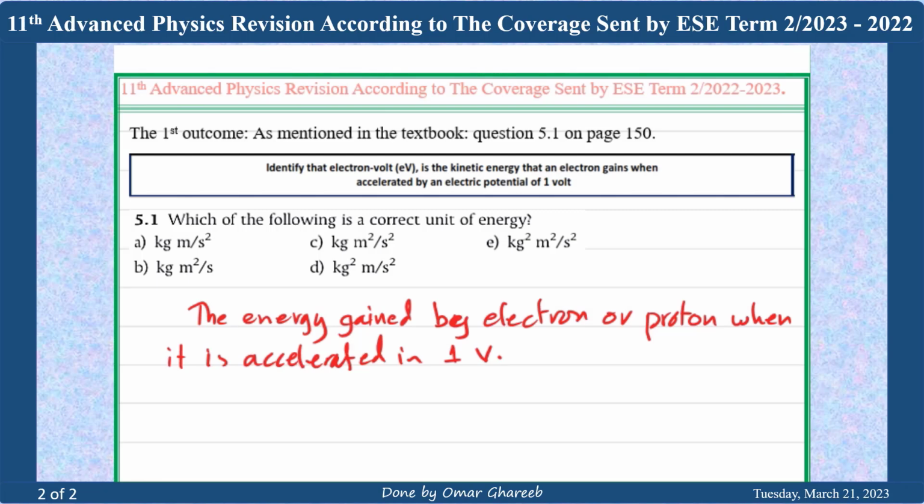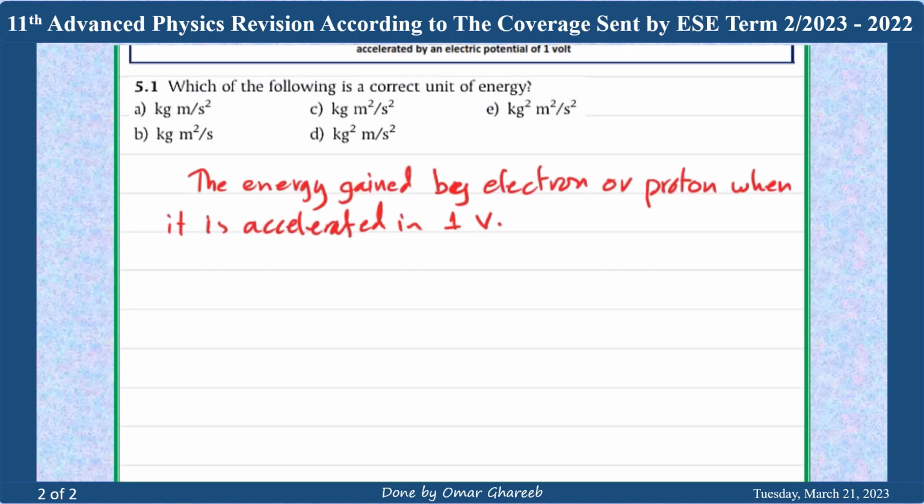So as we discussed in term 1, delta K equals minus delta U, which is Q delta V. Now, if the charge is 1 electron, and the potential difference is 1 volt, then the answer would be 1.6 times 10 to the minus 19 coulomb times 1 volt.